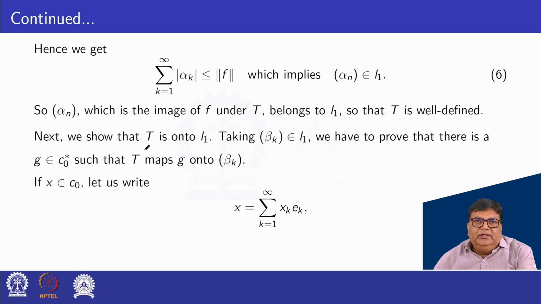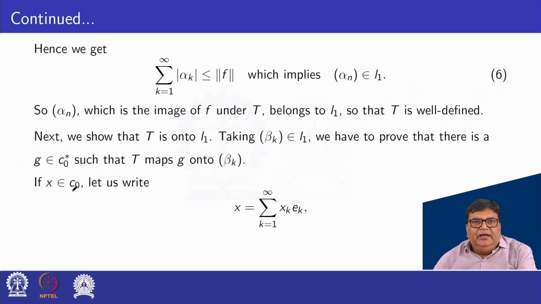Next we show that T is onto l1. Taking beta k belonging to l1, we have to prove that there is a g belonging to c0 star such that T maps g onto beta k.